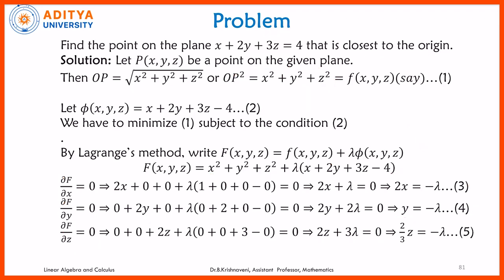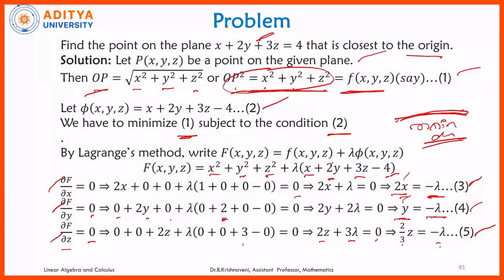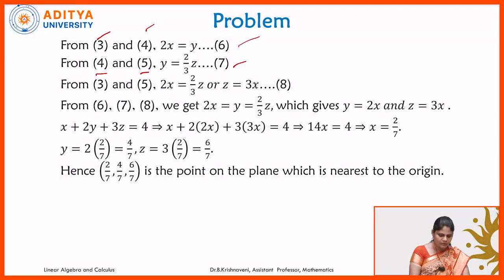Therefore you get the relation y = 2z/3, equation number 7. Finally, from equations 3 and 5, 2x = -lambda and 2z/3 = -lambda. From this, cancelling the 2, z = 3x, equation number 8.